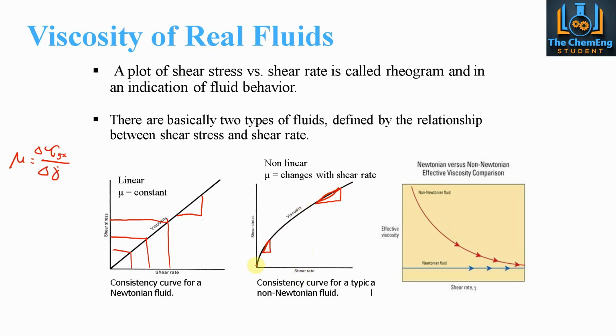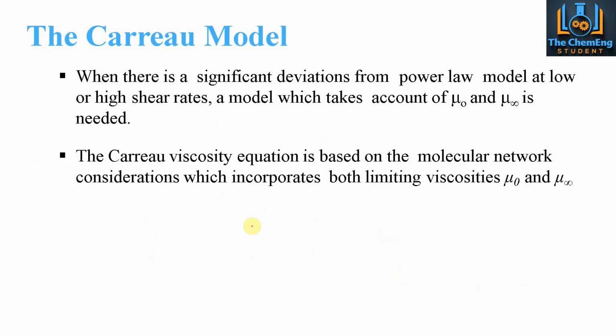Whereas if the graph went in the other direction, i.e. we had something that looked like that, then this would be a shear thickening fluid, because the viscosity is starting to get higher. The gradient between the shear rate and shear stress is increasing. So that's the theory, the background as to how viscosity actually works.